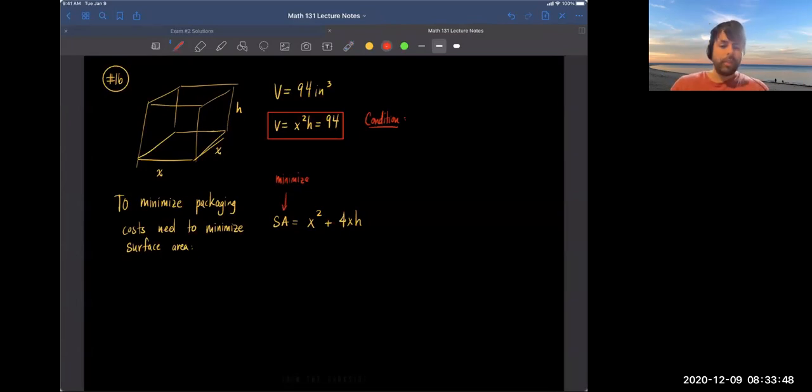I only want my function to have one variable, not two. So what am I supposed to do? Anyone?